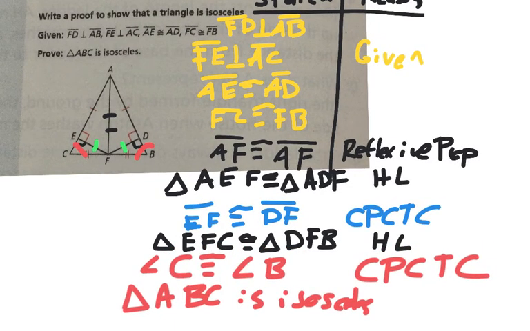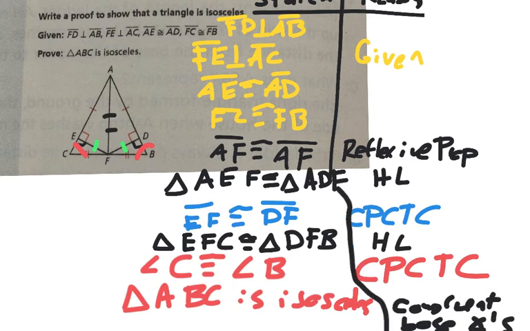So my reason is congruent base angles. Right, so these should all match up. I did kind of a bad job matching them up. But everything, you have a statement and a reason. Statement, reason. Statement, reason. You've got lined paper, so it makes yours a little bit easier. Right, I don't have lines up here.